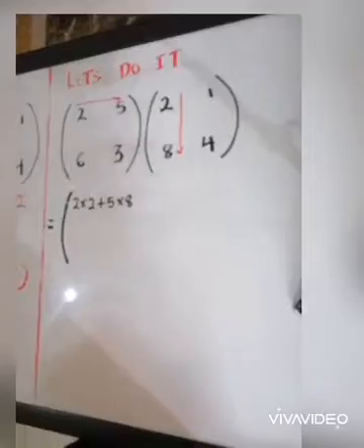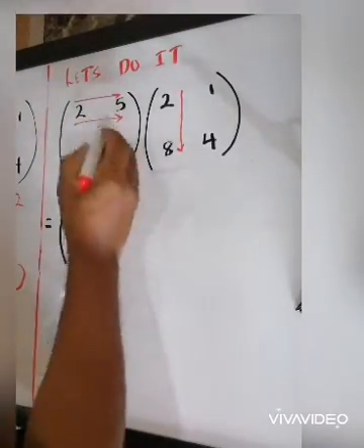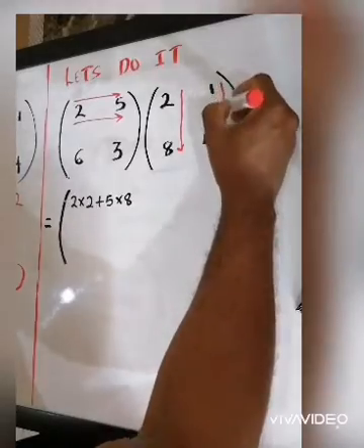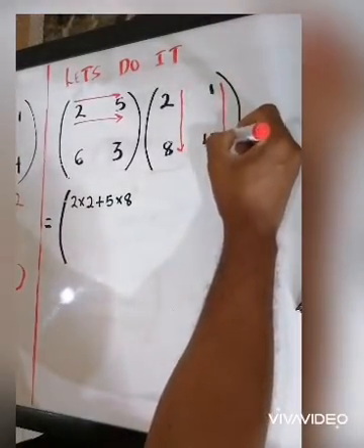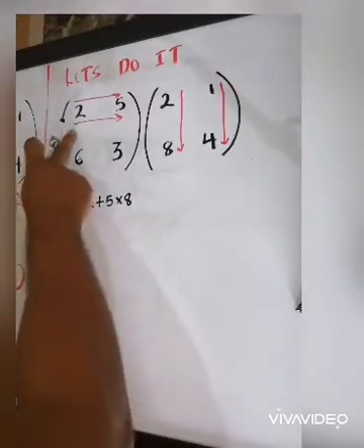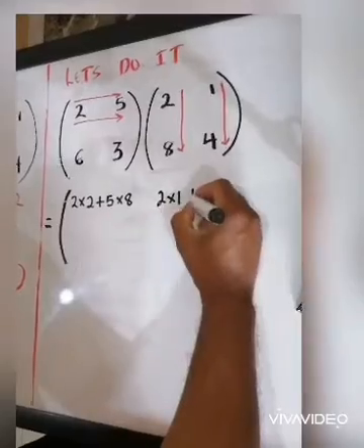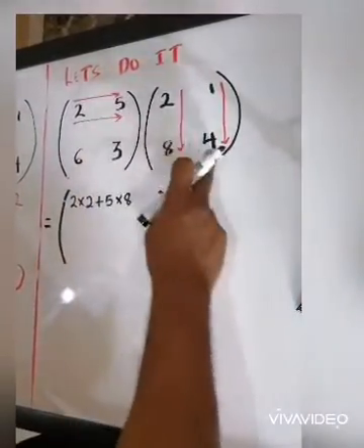So let's go on. We're going to multiply the same row by the second column. The first by the first, 2 by 1, plus 5 by 4.